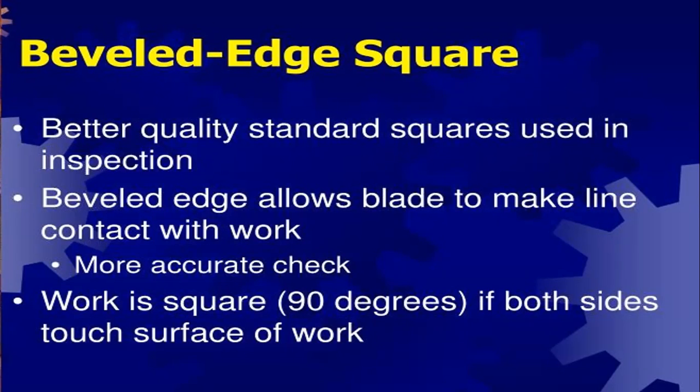So if the surface touches the workpiece, it is at a 90 degree position, that is perpendicularity on it. So that is the beveled edge square.